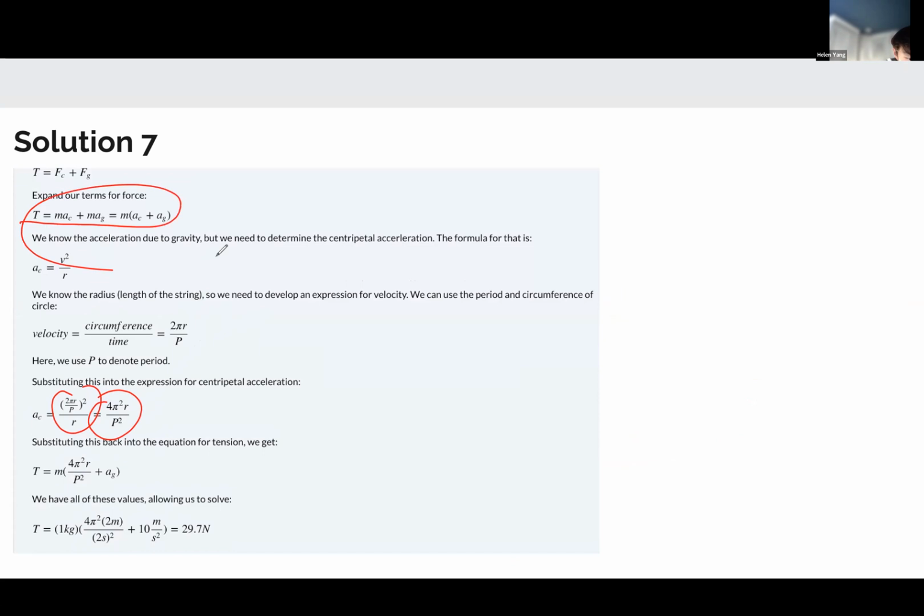And then substituted it back into this equation. So it would be m times 4 pi squared r over p squared plus the gravitational acceleration. And then they did 1 times 4 pi squared times 2 meters divided by 2 seconds squared plus 10 meters per second squared, and got 29.7 newtons.